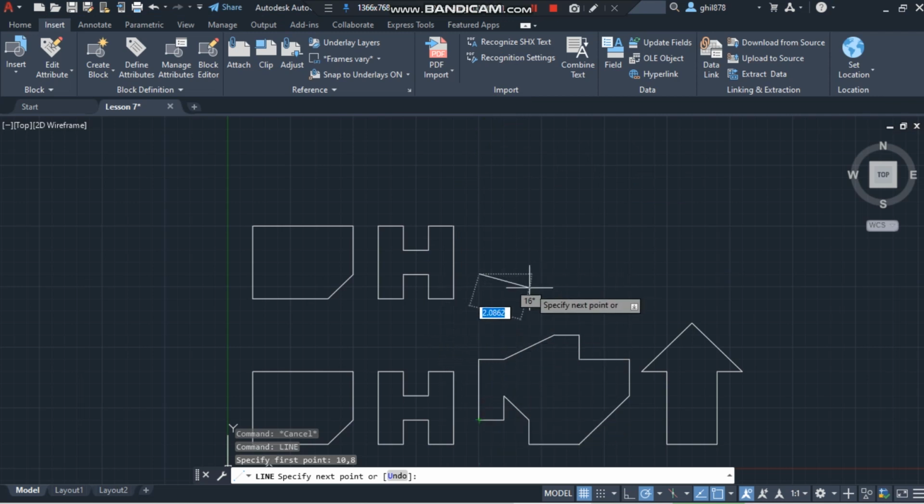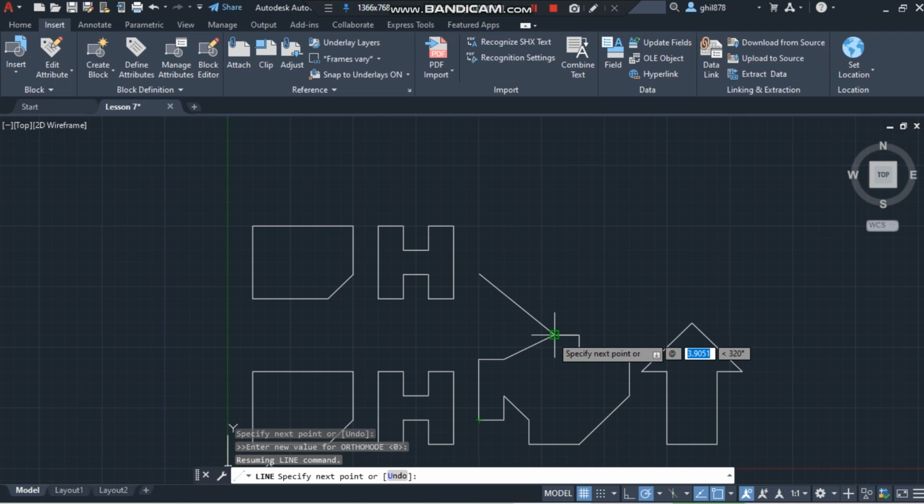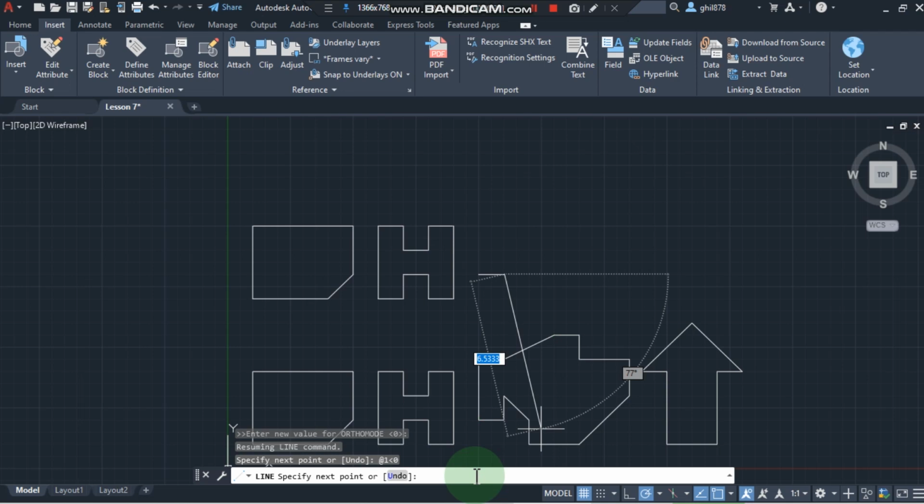So using polar coordinates, let us specify at a distance of 1 to the right, angle 0. Then upward, distance of 1, so at 1, angle of 90 degrees.